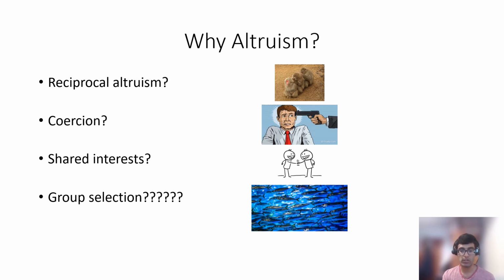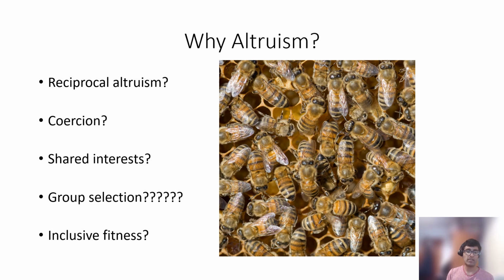And so the argument there is that the species that survive are the ones where individuals are altruistic. And we'll go into that in a bit more detail in a second. But the fifth explanation that we're going to talk about in much more detail this lecture is inclusive fitness.